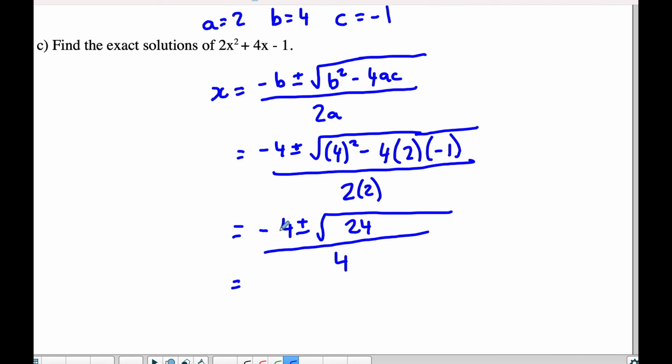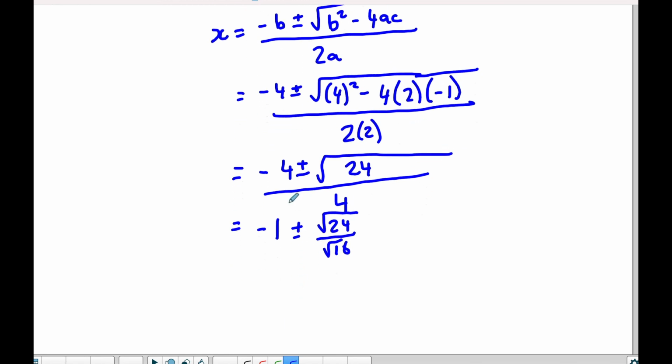Right, so negative 4 divided by 4 is negative 1. And then we have plus or minus, and I'm going to rewrite this 4 as the root of 16. So we have root 24 over root 16. And this root 16 is just 4. And so what I'm going to do next is just write this as a complete radical.